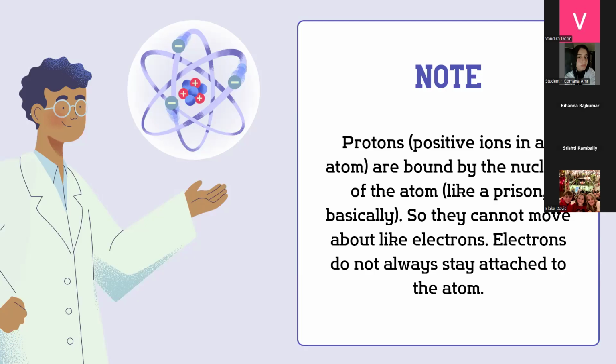So in cases like if you rub two objects together, we do have the movement of electrons, but you will see in different textbooks and in this presentation that we will always talk about electrons or negatively charged ions moving and not really the positively charged ones, and this is why.